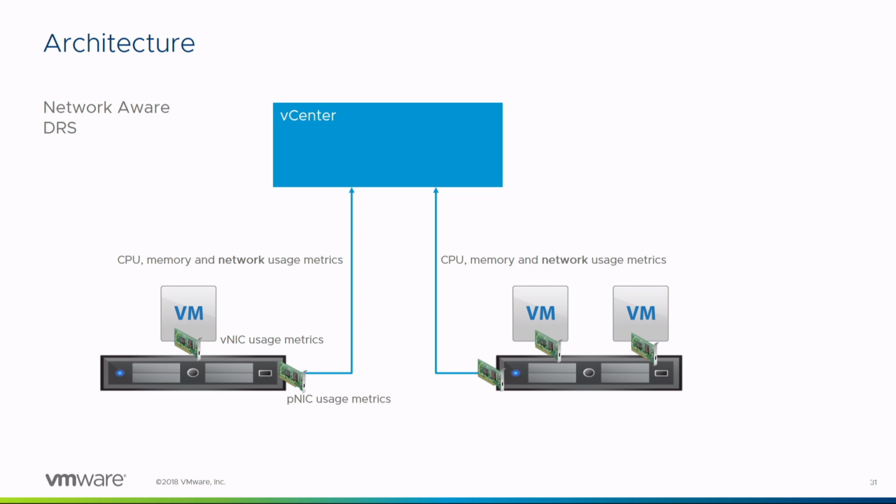For networking, we monitor the VM's VNIC usage, network usage, RX and TX both, as well as PNIC usage, RX and TX both again. Along with CPU and memory, we monitor these things at a 1 minute interval. These metrics are sent to the vCenter every 1 minute from each host. Then we run the new network DRS algorithm, and the output is the same: vMotions and power on decisions.